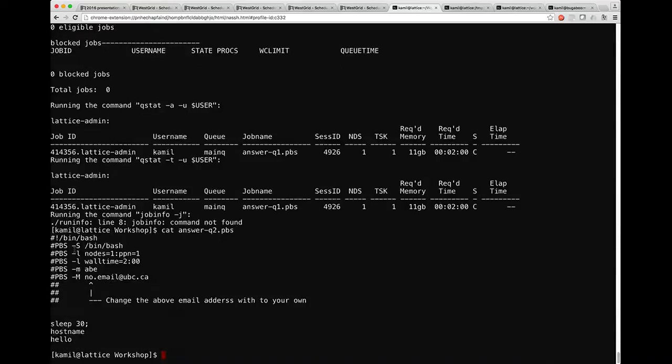So basically, q2.pbs does this. It asks for one node, has a wall time of 2 minutes, sends the email, sleeps 30 seconds, runs hostname, and then runs hello, which doesn't exist.